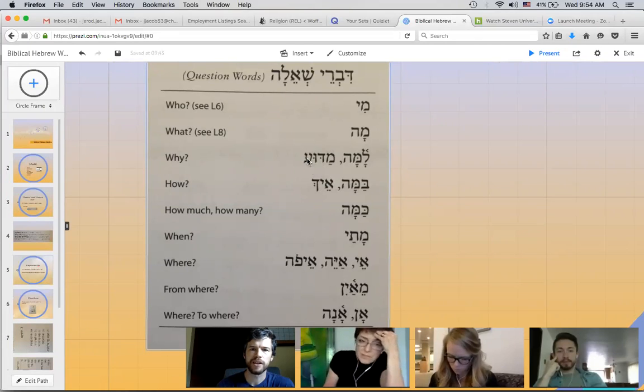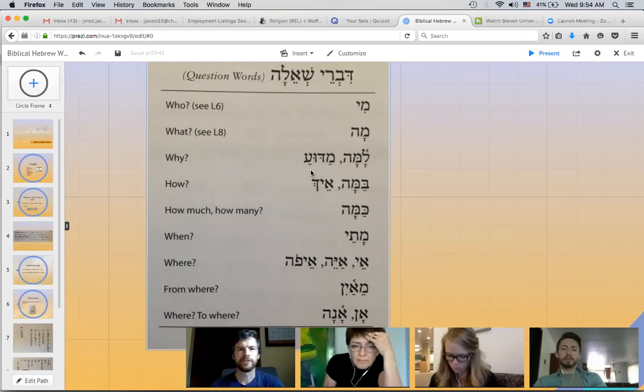Do you see this patak right there? This is a fancy word for you that you can share with all your friends. That is a furtive patak. Because the ayin is a guttural, it needs a little extra help. So we've added in another vowel. A Hebrew word cannot end in a vowel, so we have to move it over to the right a little bit.